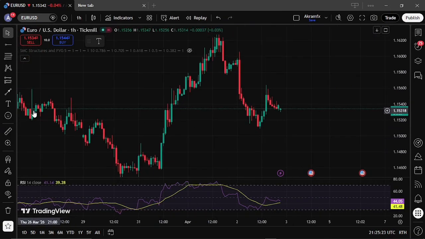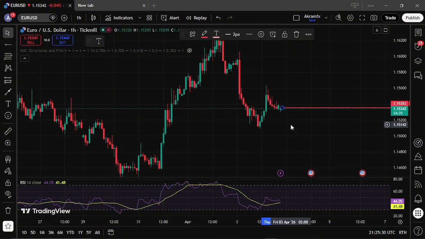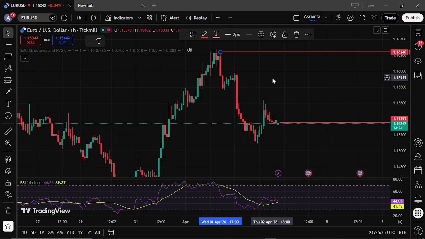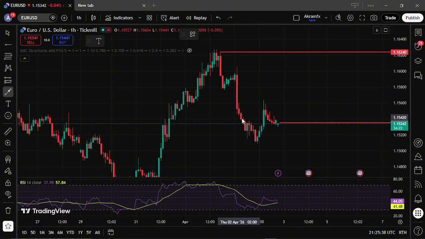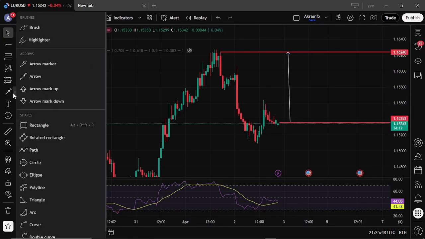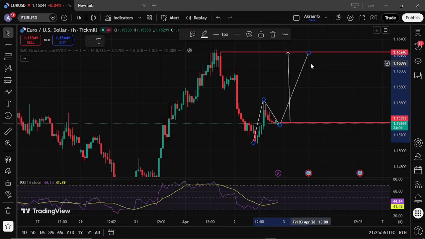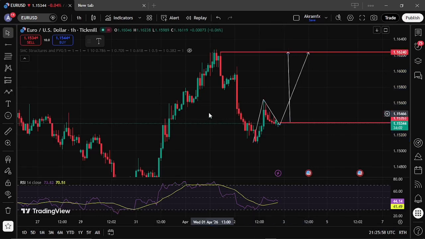Assuming that we bought this Euro USD at the current price rate from here, and then our take profit was here, and let's say we assume that prices eventually moved upwards. So when prices move up and make this movement, like from here where we bought and then it goes up, then we've made money. That's how people make money.